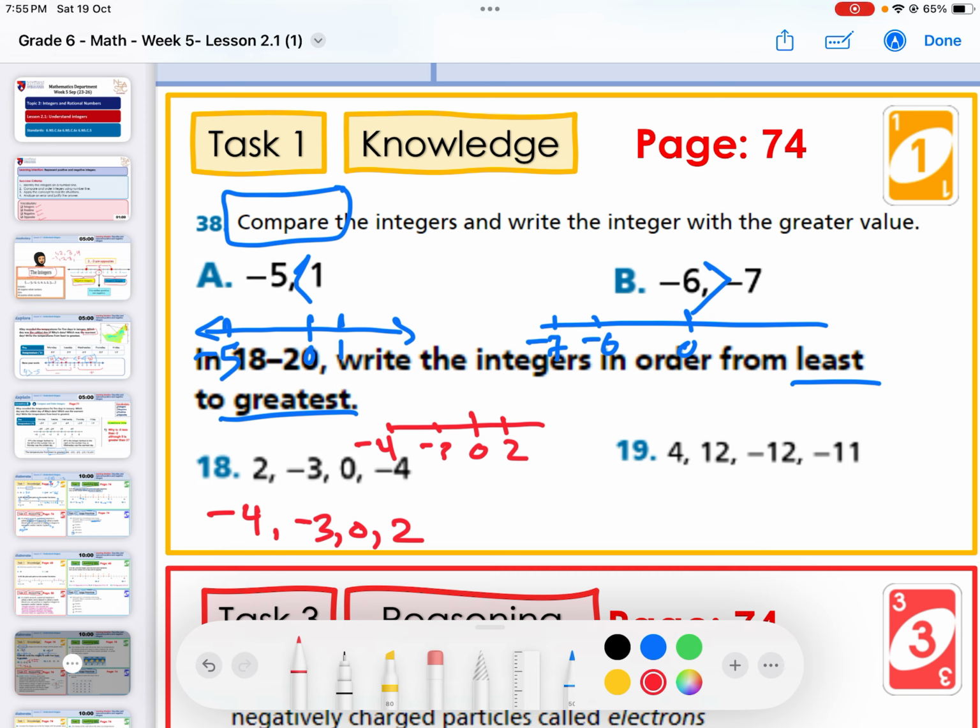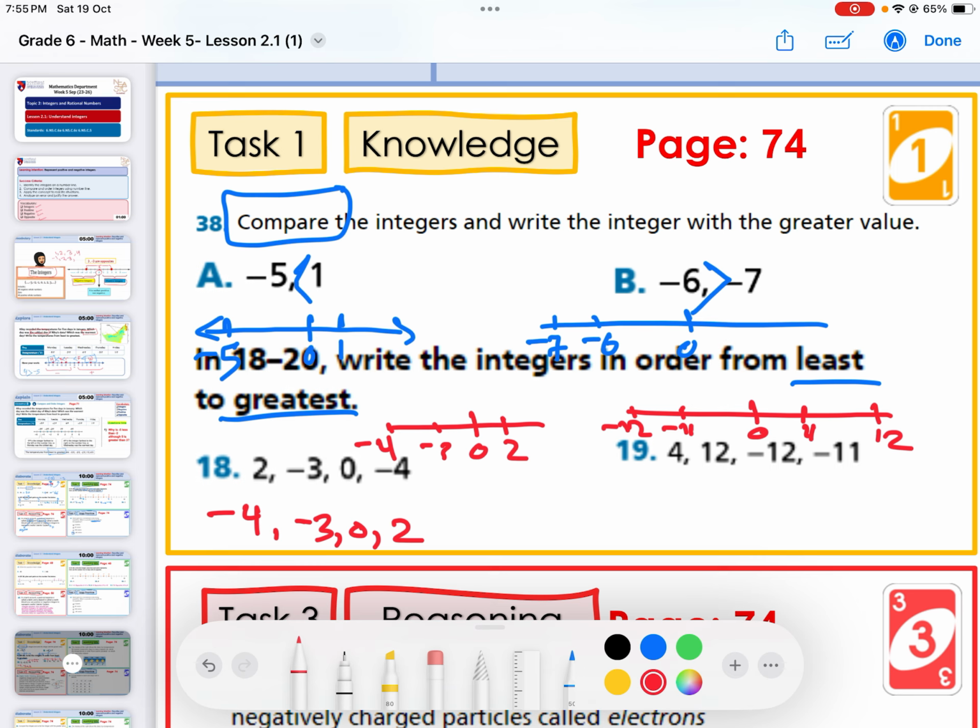The same thing here you guys can do also. Draw a number line, put 0 in the middle, and then you got 4 here, you got 12 here. You can count by 1, 2, 3, 4, 5 as you like, or you just put the main numbers and that's it. We got -11. No, it's not going to be here. It's going to be like here. -11 and -12.